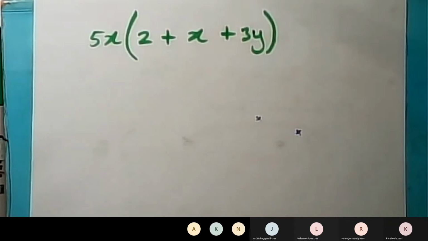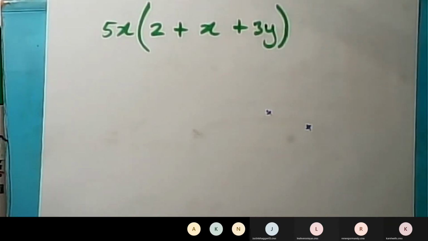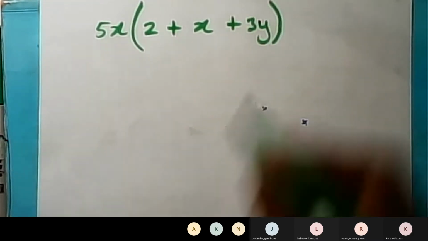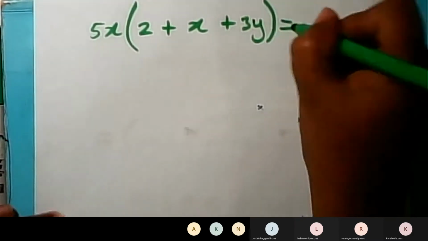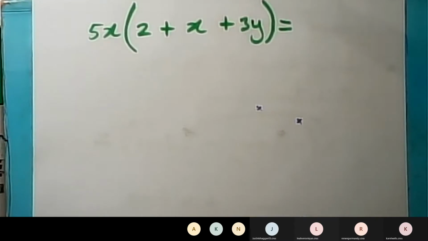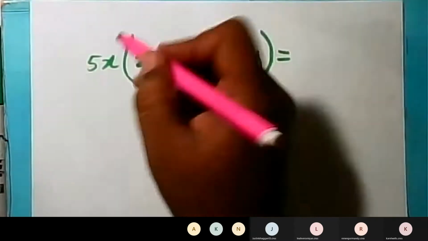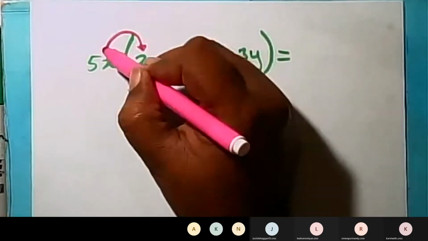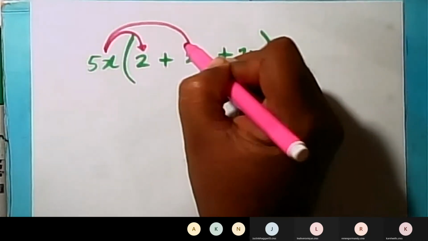Because I taught you all terms, you do see that inside the brackets there are three terms. And that is the logical reasoning why, if you have three terms, you will take the 5x and times it to the three terms.